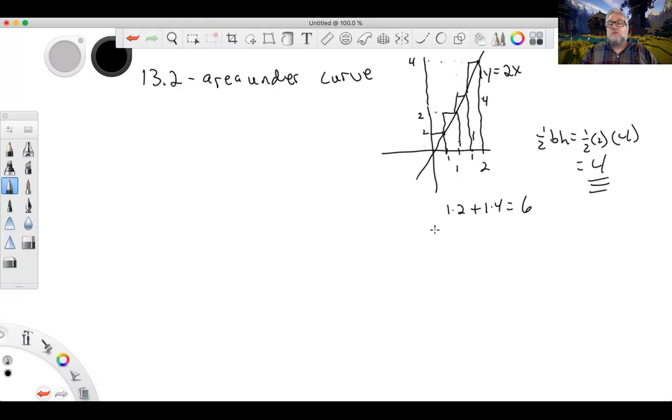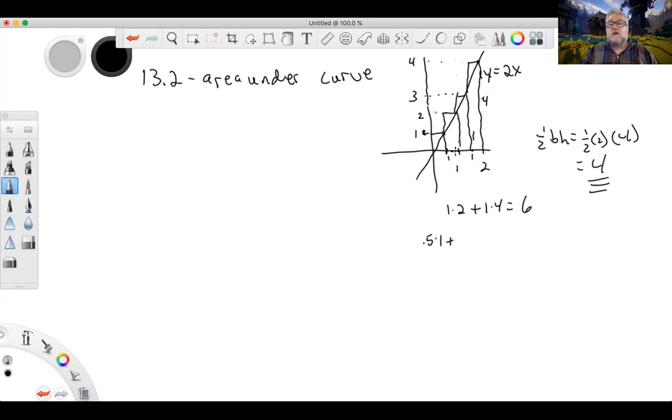And now each one is 0.5 wide. So this one is 0.5. It does not go up to 2. It goes up to 1, because 0.5 times 2 will give me the height, 1. And this one goes up to 2. And this one, I'm at 1.5, times 2 would give me 3. So this rectangle has an area of 0.5 times 1.